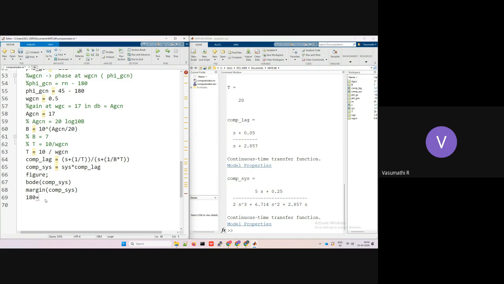No, in MATLAB, same only, no? Phase margin is 108, it's right only.